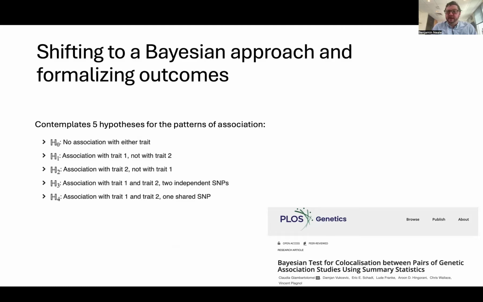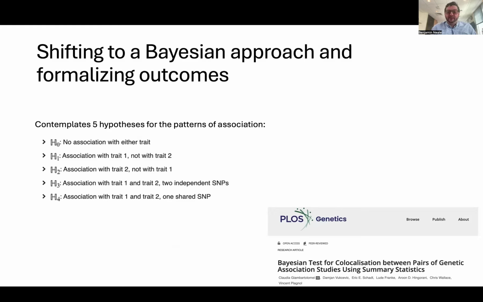And so those five hypotheses are laid out in the slide, ranging from there's no association between the SNP and the two traits under consideration, two alternatives that allow for association to one trait and not the other, and vice versa. And then two final alternatives that I think are probably the most common alternatives that we should consider, particularly given how common functional variation is in the genome.